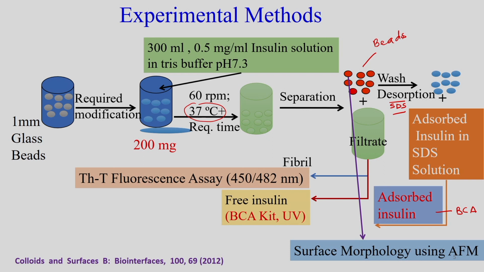These are the different methodologies which were used for studying the aggregation behavior of insulin in the presence of different surfaces. To avoid the effect of bulk, the experiment was performed at pH 7.3 and temperature 37 degrees centigrade.